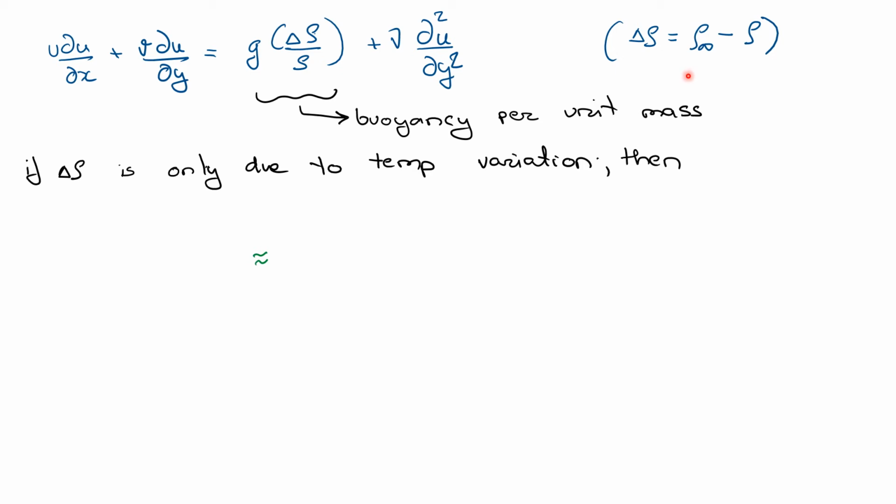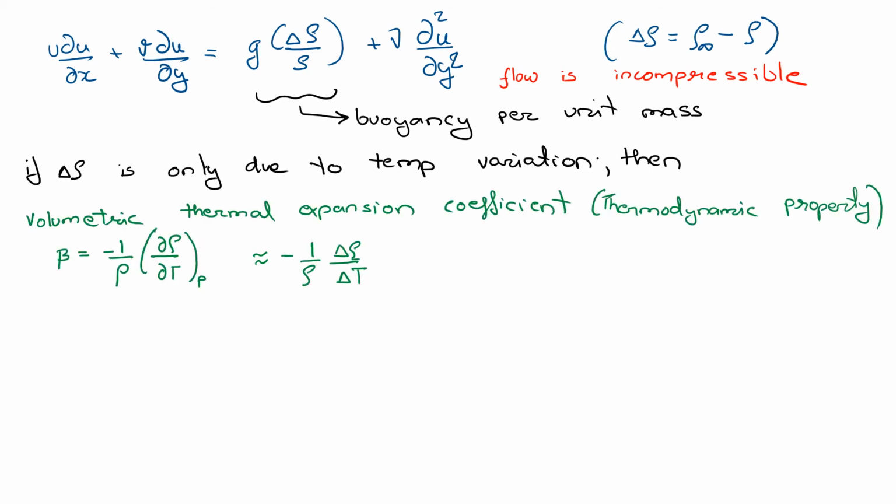Now what that means is that your flow is still incompressible. You just have the change in density due to temperature and no change in density due to pressure. Okay, so keep that in mind.